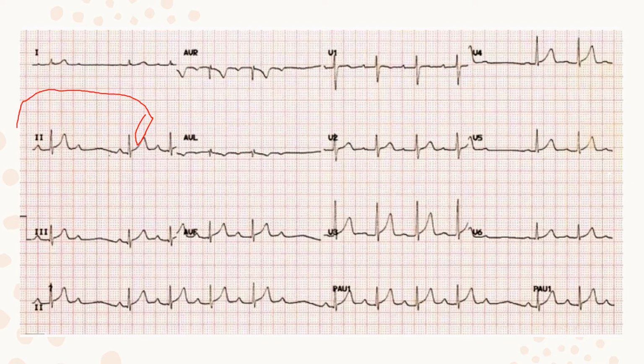So if you take a look here, this is your lead 2, and the very first QRS in that lead 2 is the one right before the drop. You see the dropped beat here.